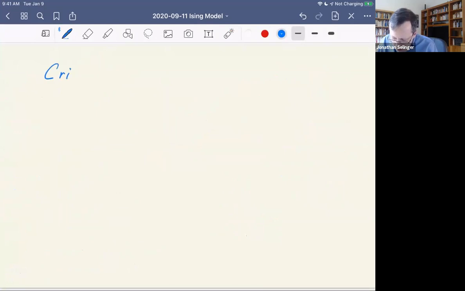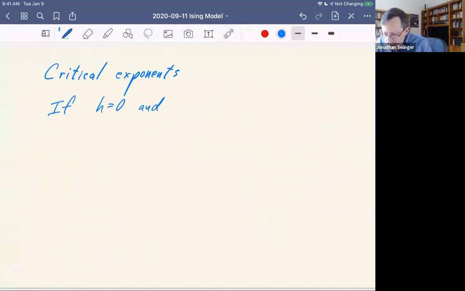So for the critical exponents, one thing that we figured out is that if H equals 0 and T is less than TC, then M is proportional to plus or minus the square root.